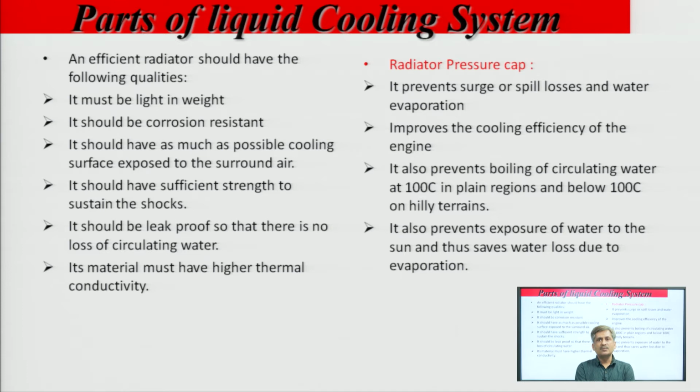If your vehicle is moving in hilly terrain, the atmospheric pressure goes down. If there is leakage, then water will not take 100 degrees Celsius to boil. It may boil according to the atmospheric pressure condition, at 60 or 70 degrees Celsius.